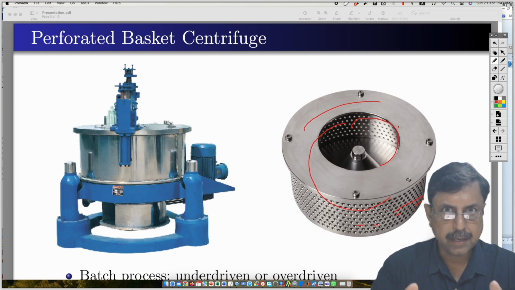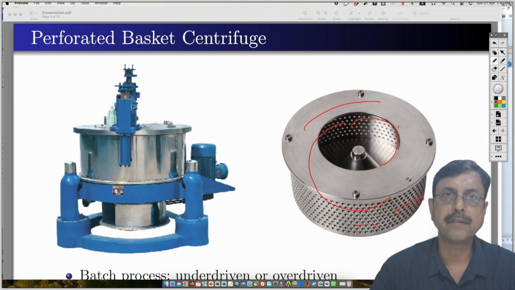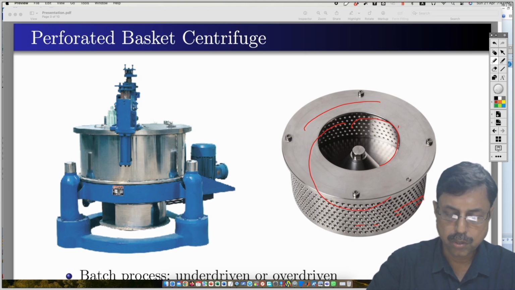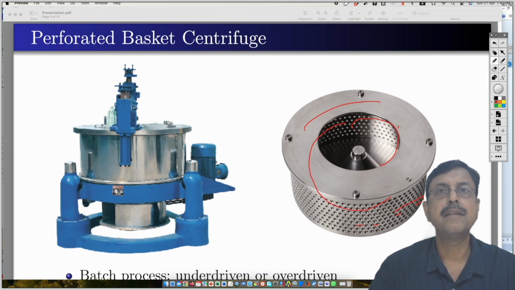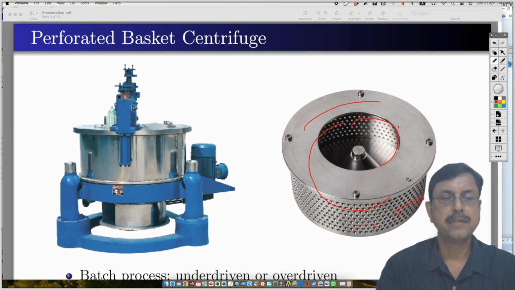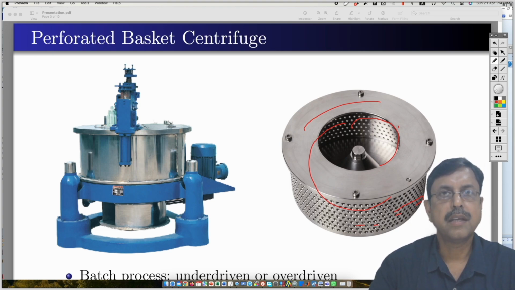If you have seen inside the top loading washing machine, you will find a similar kind of basket where the clothes are put and water is also flown over there, and after washing, the basket rotates with a high speed and the water escapes, and the wet cloth, that means the cloth with some moisture in it, is retained within that basket. So the same operation is done with the perforated basket centrifuge.